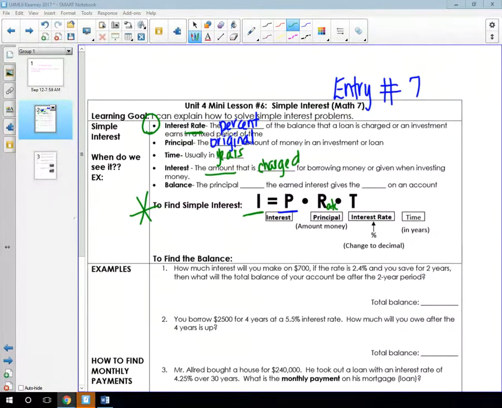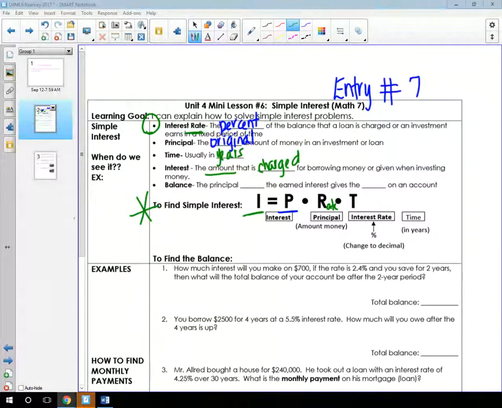For example, if you had 6 months, what would that be in comparison to a year? That'd be half of a year. So you always want your time to be in years. Okay, so we've got I is the interest, P is the principal, which is the original, R is the rate, that's the percentage, and T is time in years.